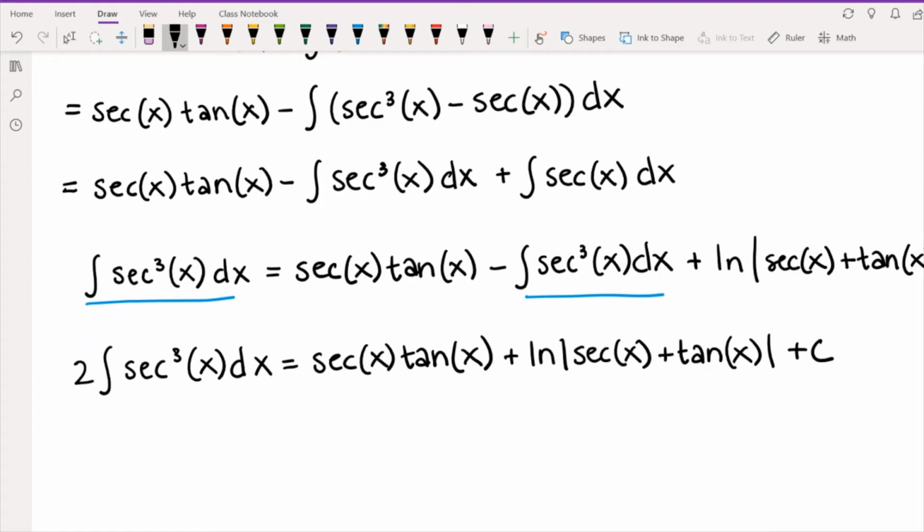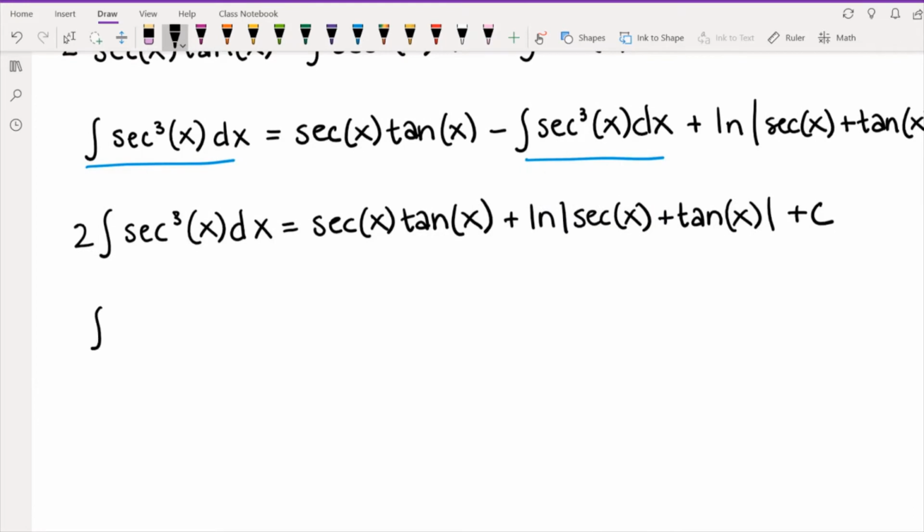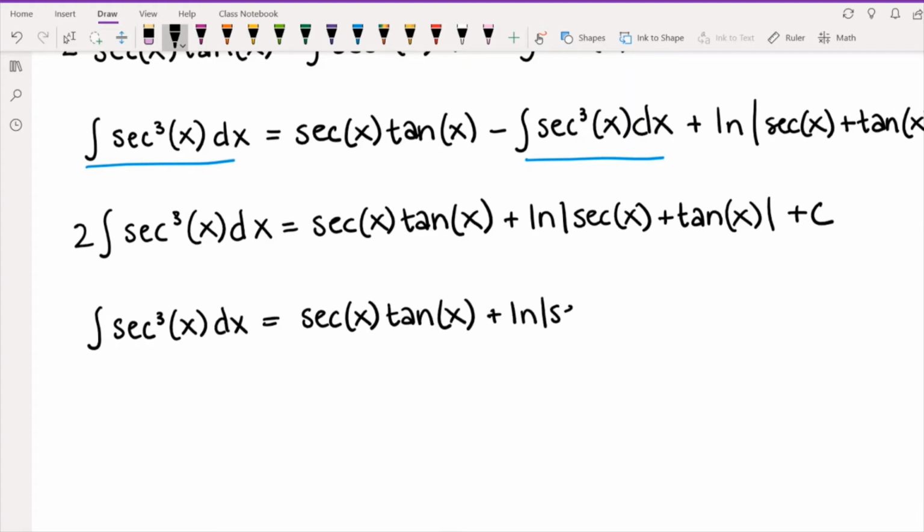And now we're almost done. Now we just have to divide the whole thing by 2. And so we're going to end up with the integral of secant cubed of x is equal to secant of x times tangent of x plus ln of absolute value of secant of x plus tangent of x.